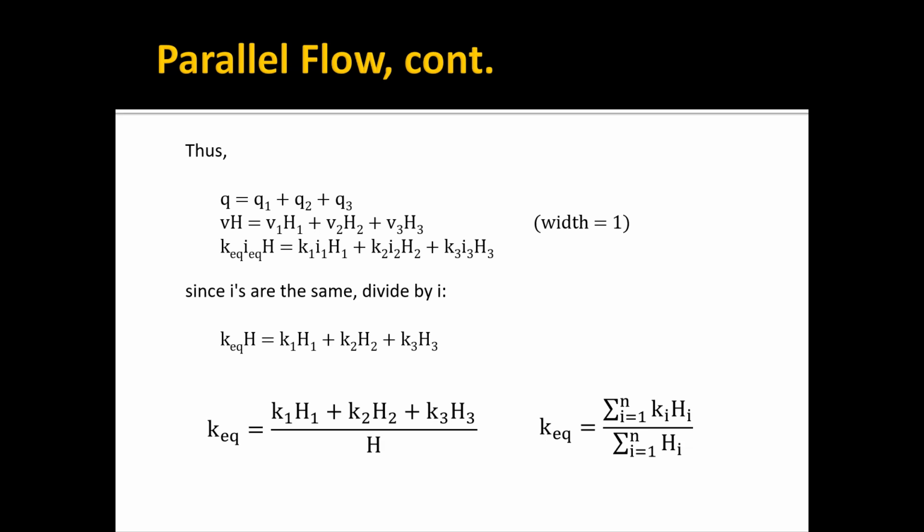At that point, you can then use Darcy's law with this hydraulic conductivity to represent that layered system as a single unit. So Q through the entire system would be K_eq times the cross-sectional area times the hydraulic gradient, and you can apply Darcy's law directly.